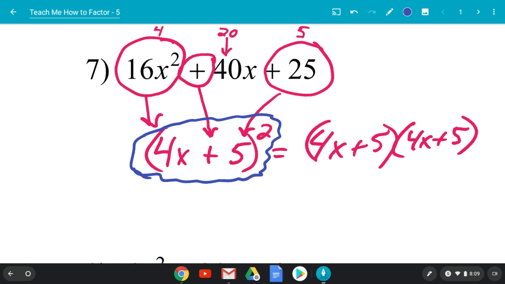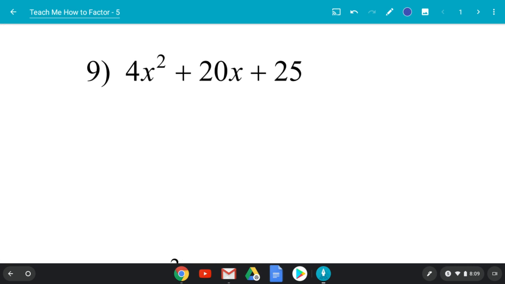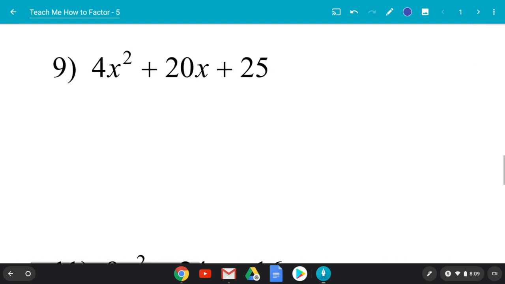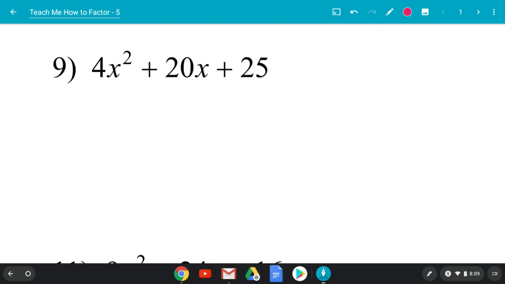All right. Let's try number 9. Emily? So you think it's a perfect square trinomial?